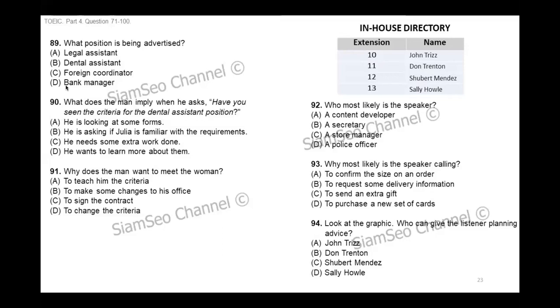Also, if you're planning such a large event, we have an excellent planner in the office named Schubert Mendez. If you want to speak with him, just ask for extension 12 when you call to confirm. I will make sure he gives you a free consultation. Number 92. Who most likely is the speaker?